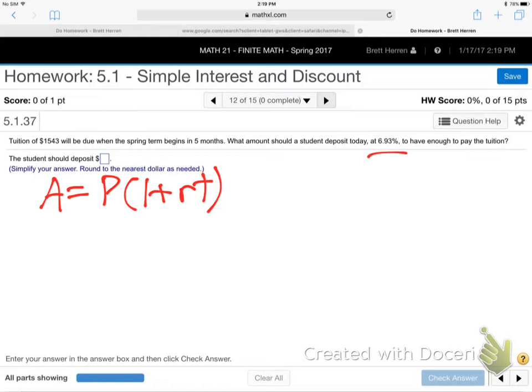These word problems. See if you can figure out what it is they want you to do there.